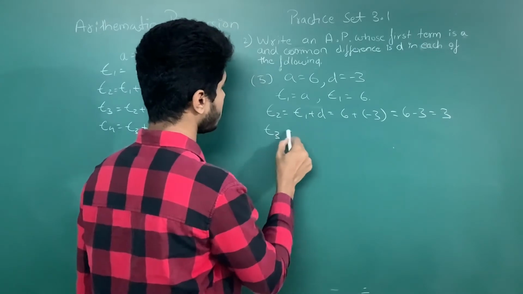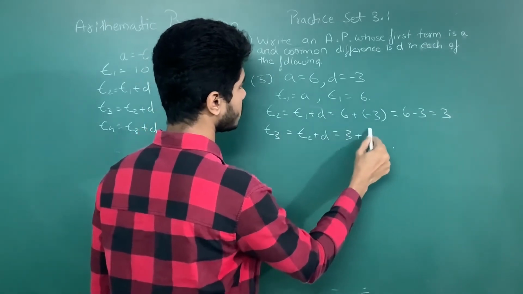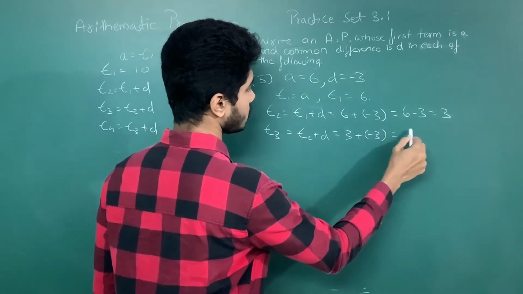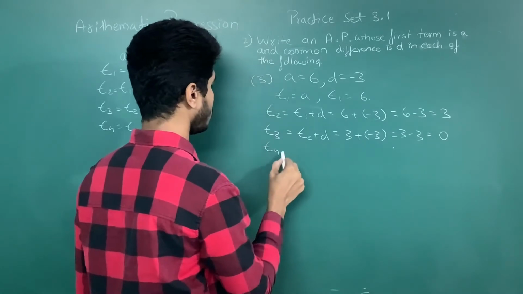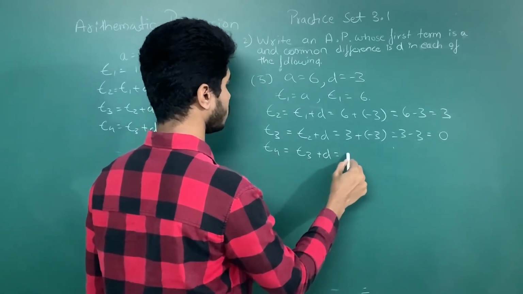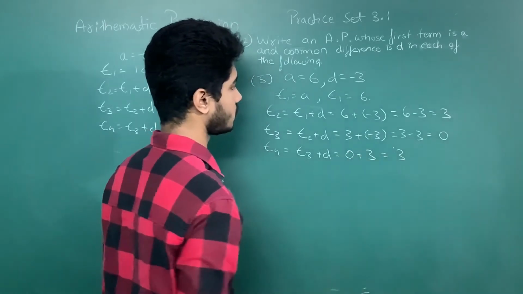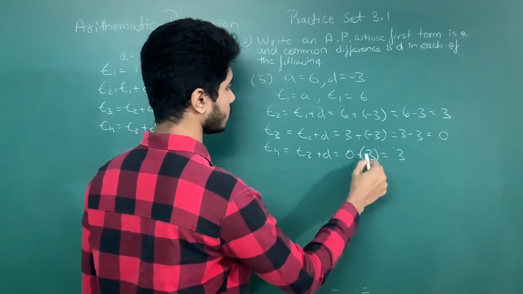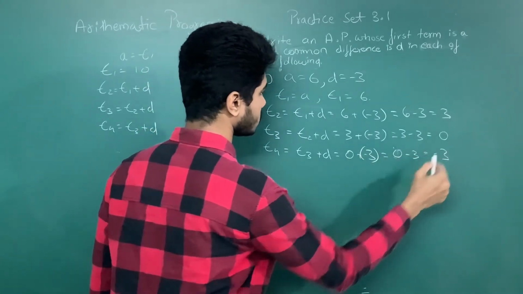So the T3 will be T2 plus D, which will be 3 plus minus of 3, which is equal to 3 minus 3, we get as 0. T4 is equal to T3 plus D, which is equal to 0 plus minus 3, so you get 0 minus 3, which is minus 3.